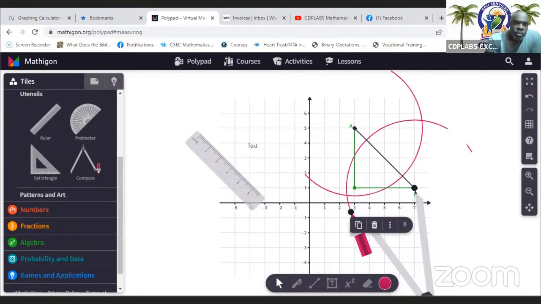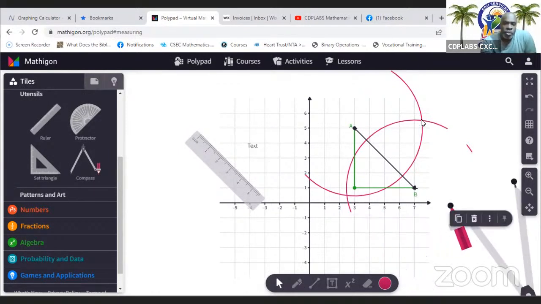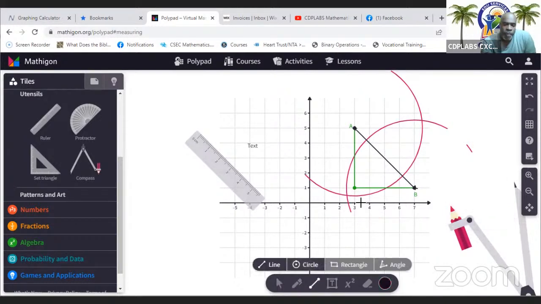Where the two arcs meet, that's where you draw your line. You draw a straight line through where the two arcs meet. This now is your perpendicular bisector. Where the two lines intersect, that's where your midpoint is. So right there is the midpoint.